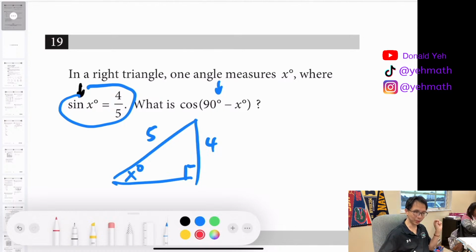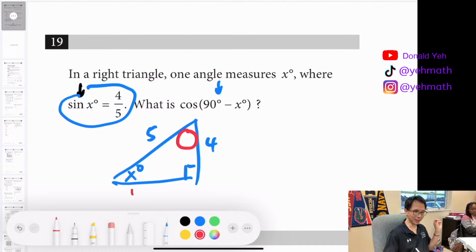Now, here's my question. What is this angle? It's 90 degrees minus X.